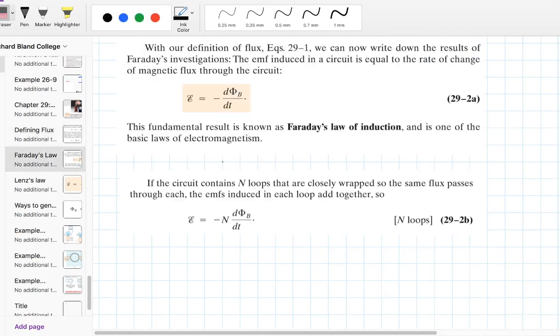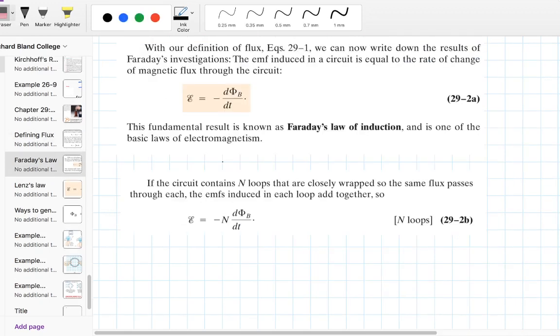So let's look at how we use this definition of flux to determine what's called the induced EMF through a loop of current. This law, equation 29-2 in your book, is called Faraday's law.